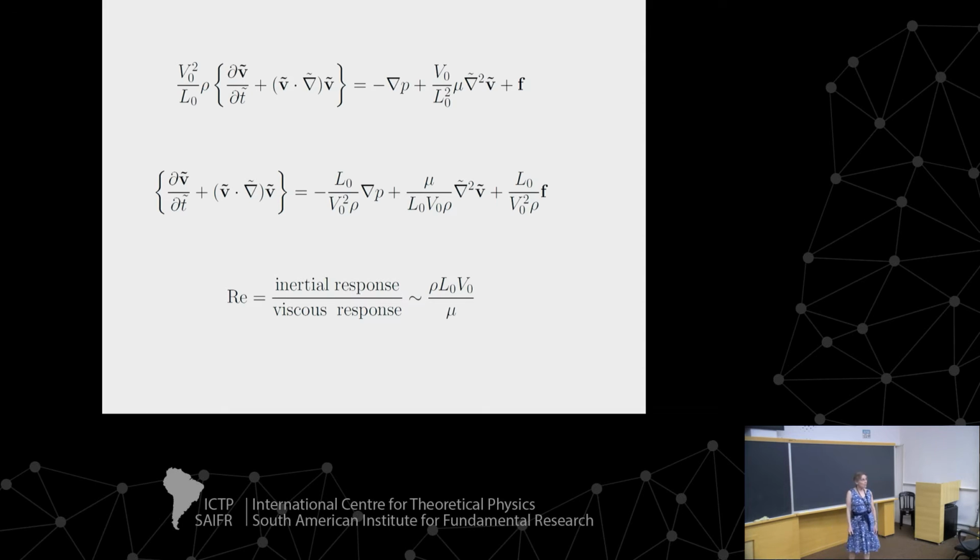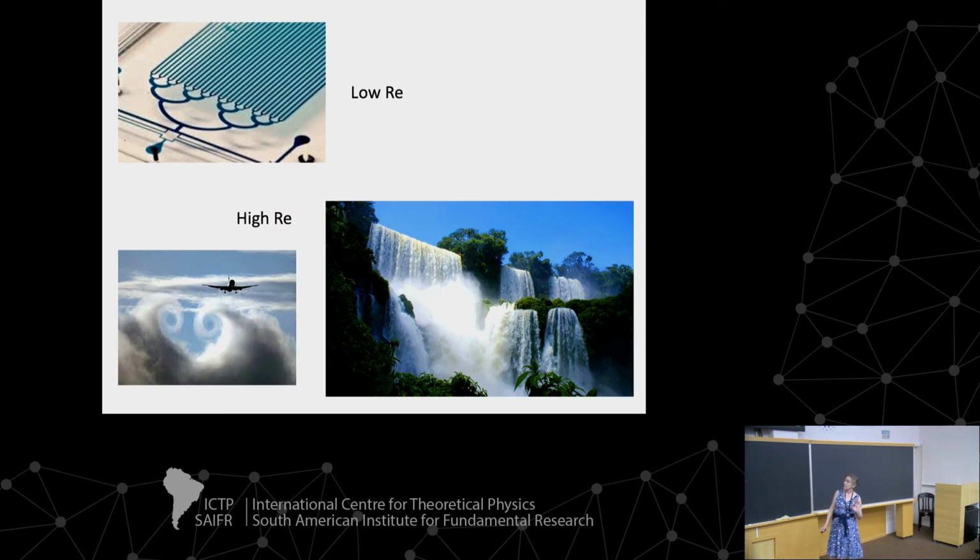If the Reynolds number is big, it means the inertial term is important. It means there's a lot of momentum around, and it tends to be true at high velocities and large length scales. So these guys down here are high Reynolds number, lots of vorticity and turbulence.